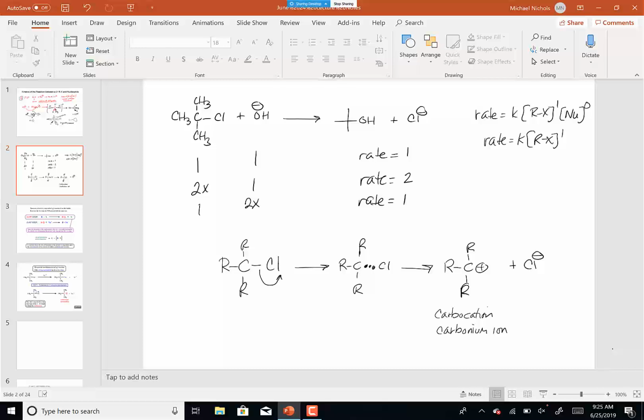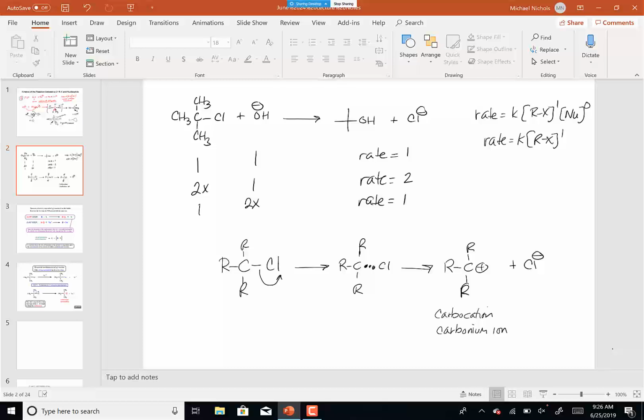Which atom should get which charge? One will be negative. They both can't be negative. So remember, we're going to average. So let's look at the carbon.